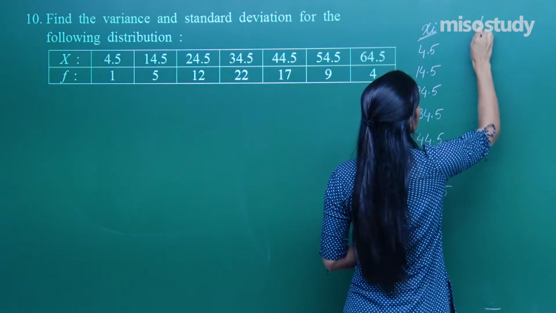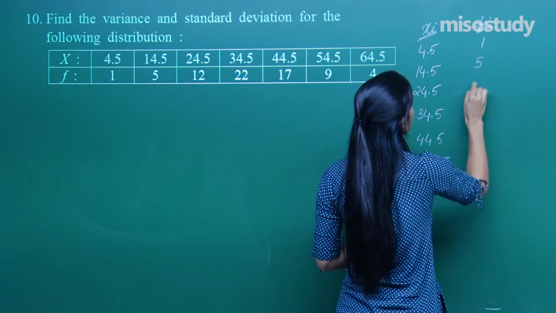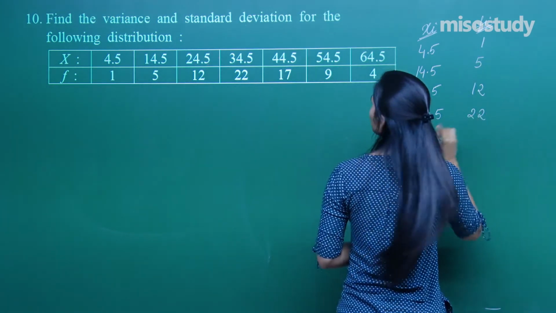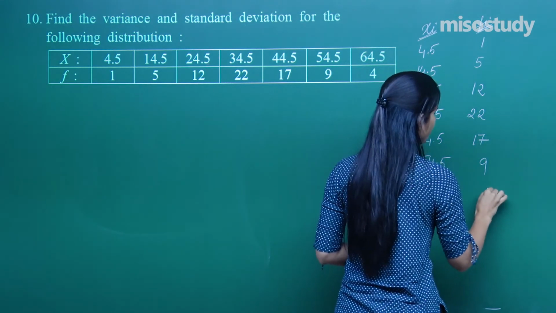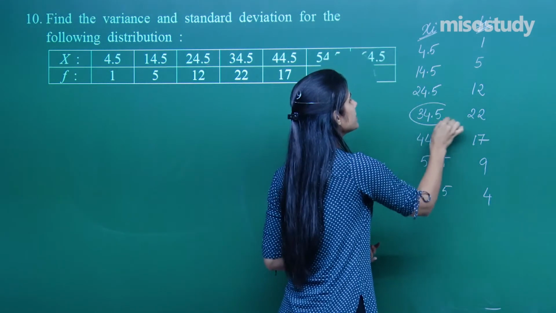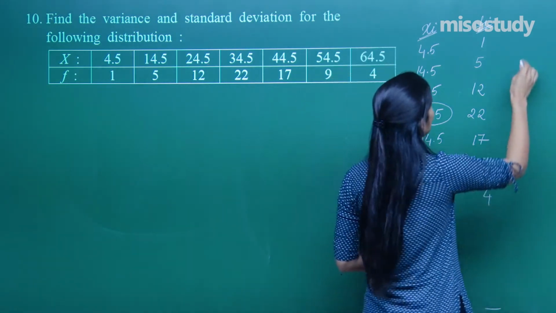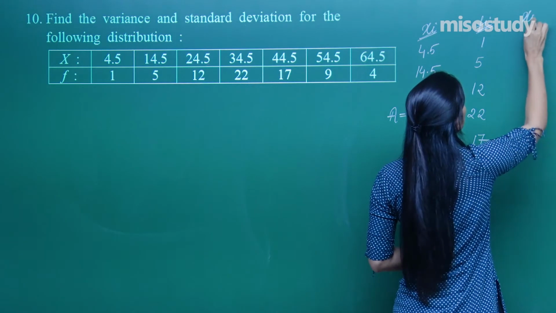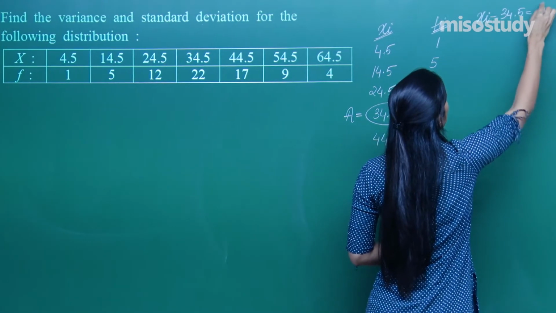And I have the corresponding fi as 1, 5, 12, 22, 17, 9 and 4. I prefer to choose the central value 34.5 as my assumed mean, and I wish to then evaluate xi minus the assumed mean. This is my di.